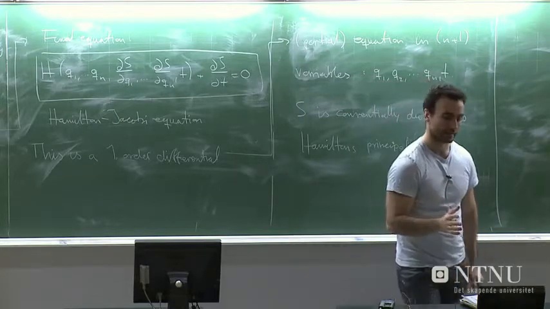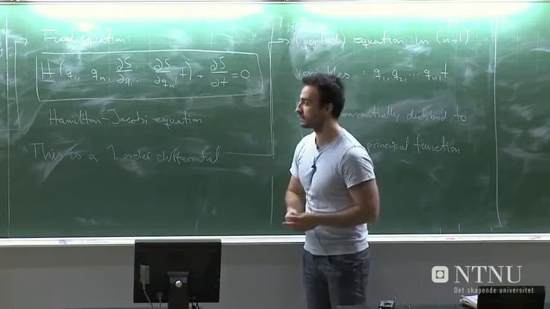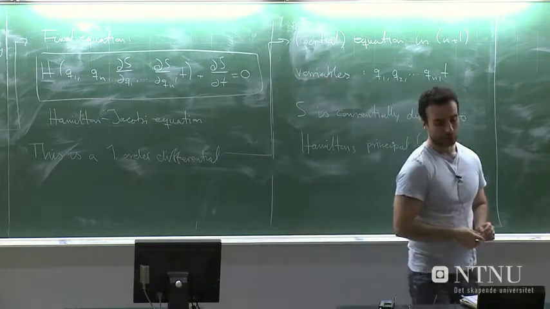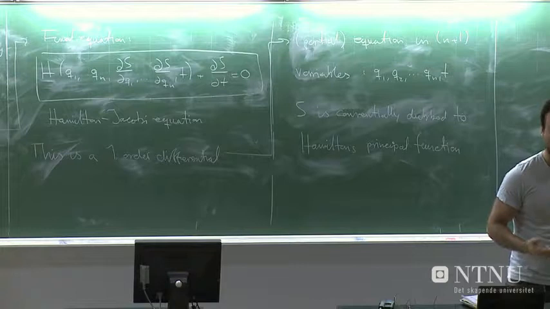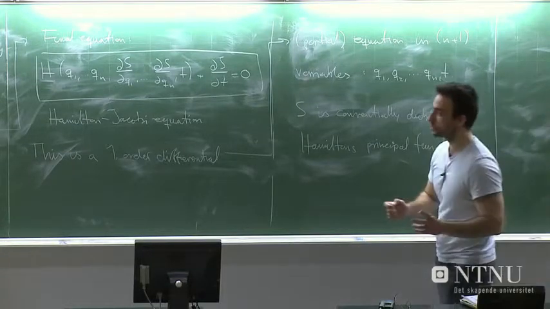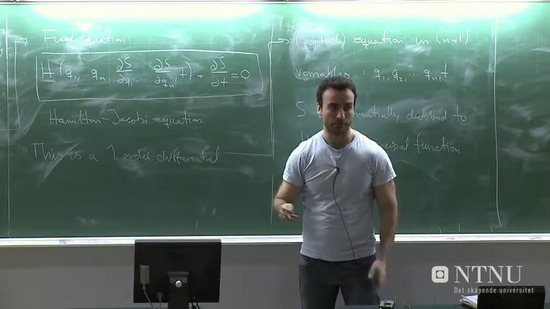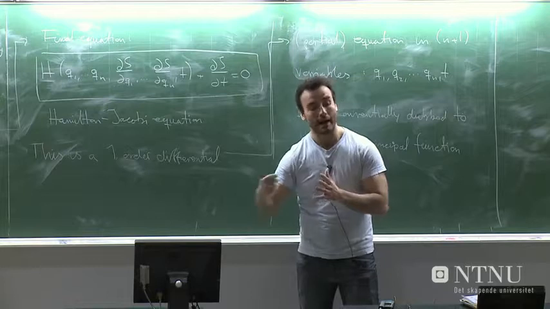I wanted to emphasize this because in this equation we have a lot of variables. We have this S, for instance. So one could speculate that what we need to solve the system is to find S. But S is just a tool that we use to find the Q's. So it's important to keep in mind what we're after ultimately.